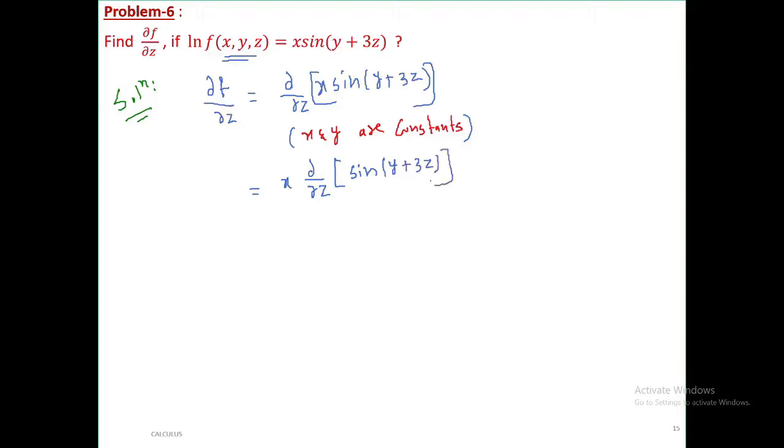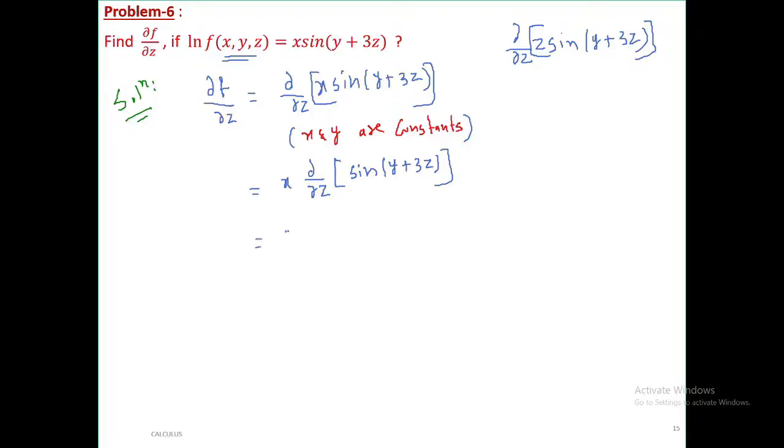See, for example, instead of x into sine of y plus 3z, you write z into sine of y plus 3z. Now dou by dou z of this one, you are supposed to apply the uv method compulsorily because z is a variable and inside also z is a variable. But since here x is constant, I'm sending it outside, so the uv method is not required here.